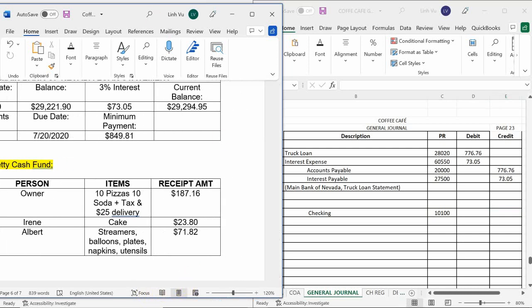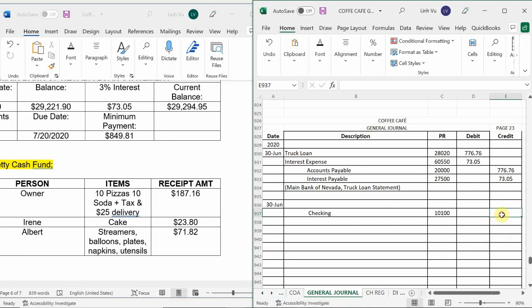So how much is my total amount of receipts? You've got 187.16 plus 23.80 plus $71.82. How much is my grand total for my receipts?